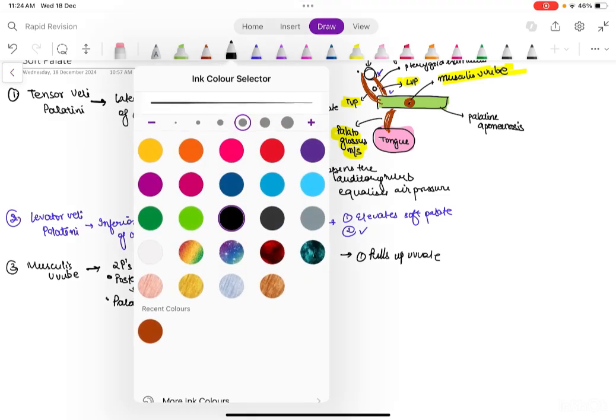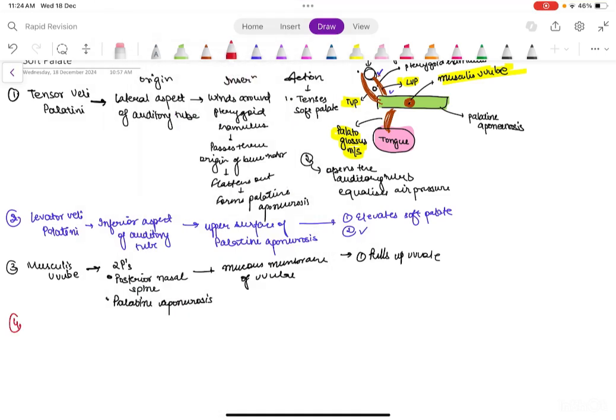All right. Then fourth is the palatoglossal muscle. Now from the diagram only, the palatoglossal muscle is arising from the inferior aspect of the palatine aponeurosis, but you need to remember that it has two fasciculi. It is the oral surface of the palatine aponeurosis, because it is towards the tongue.